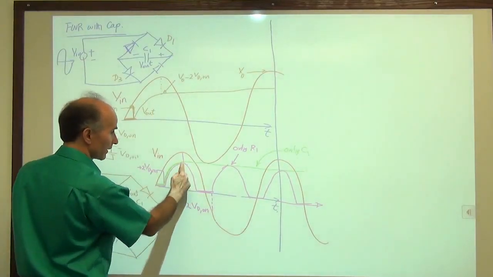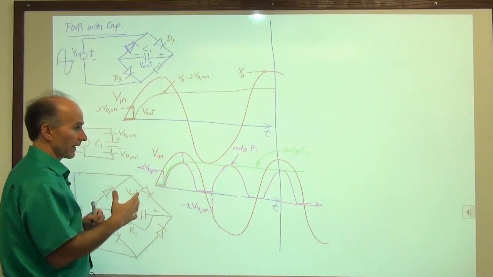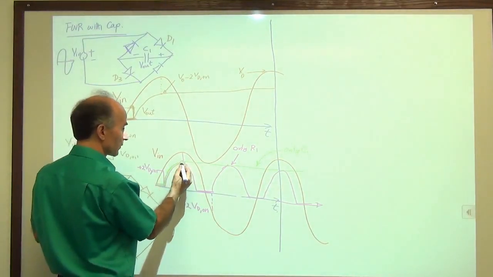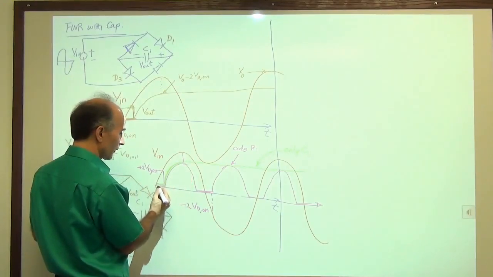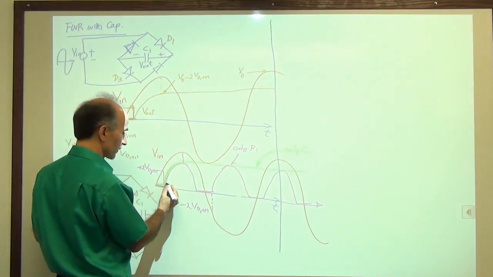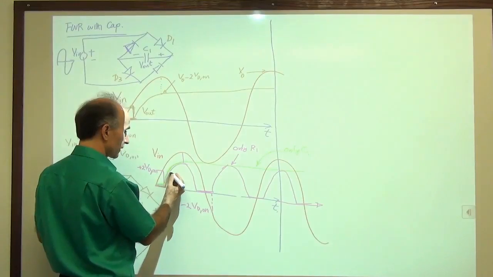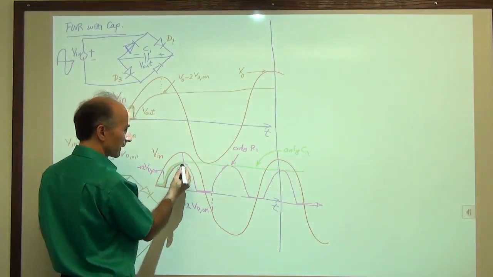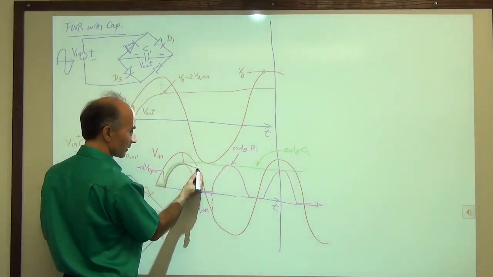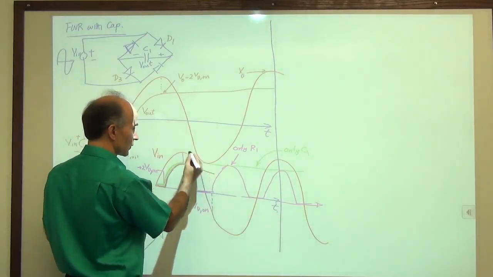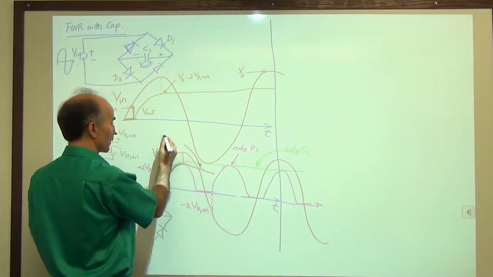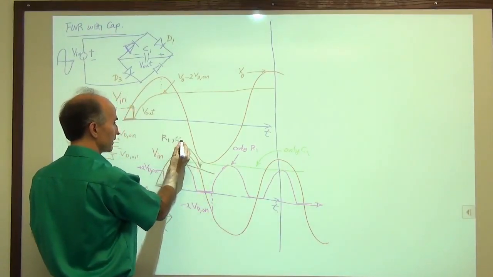So if the capacitor is sitting by itself, the diodes have turned off, the capacitor begins to discharge. So the capacitor voltage begins to discharge. So in the case of both R1 and C1, the output voltage looks like this. Again, I'm just drawing it separately. So we come up here, but then we begin to discharge. So this is what we call R1 and C1 together.